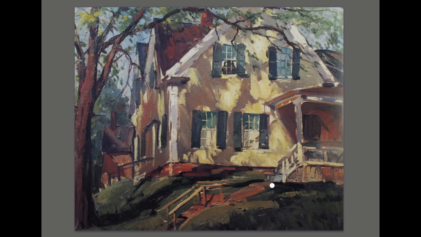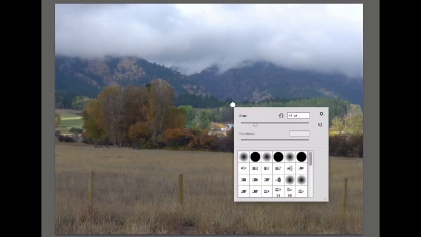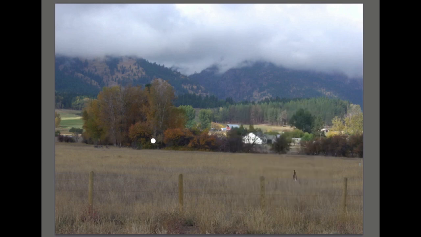And we always talk a lot about mass, want to mass in big shapes and use as little line as possible. And real quickly, what I mean by that is in a basic landscape here, I can use some lines to start the masses.